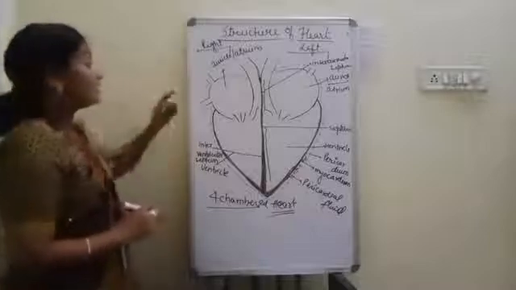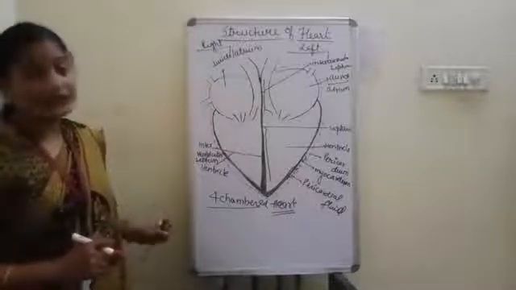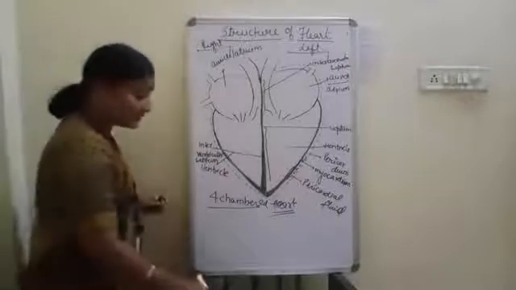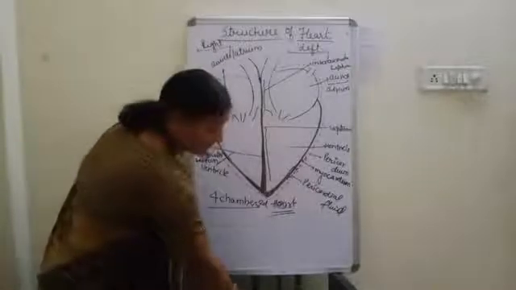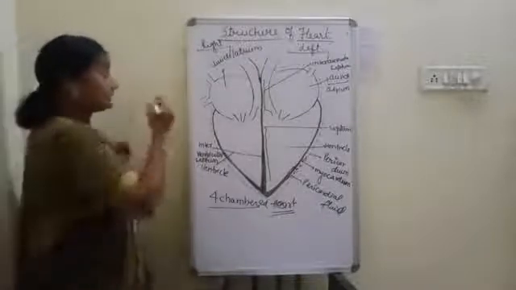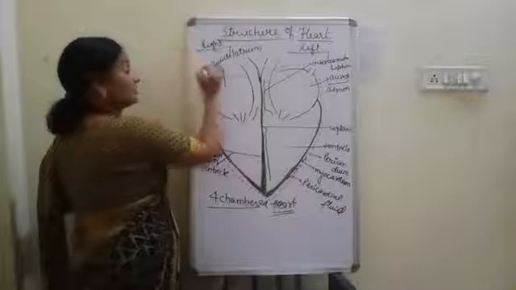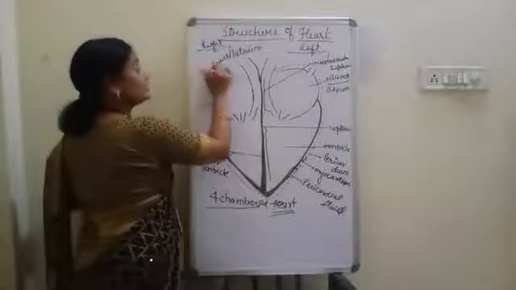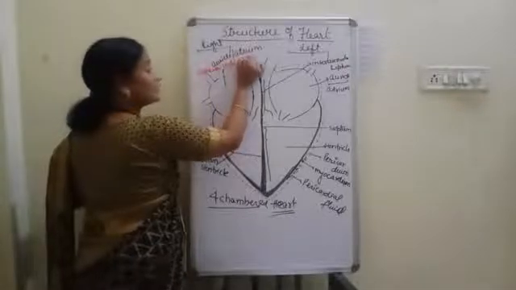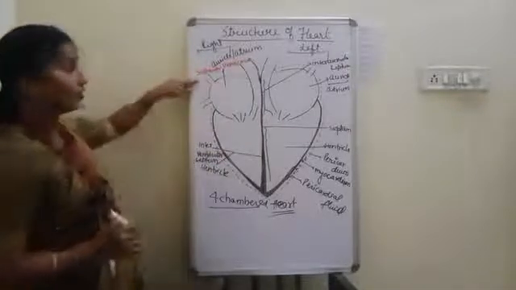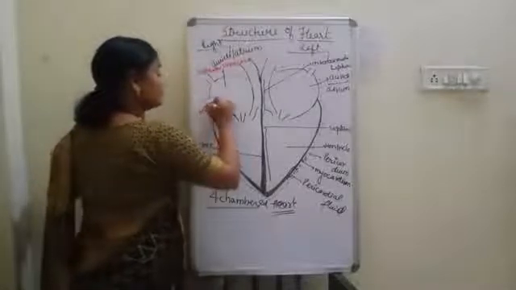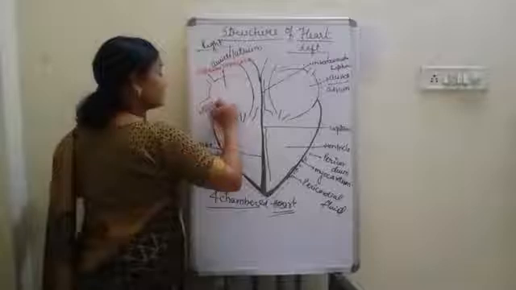Then our heart also contains some important walls, as well as some important arteries and veins. Now see, this is the first vein and it is named the superior vena cava, because it is upside, and here it is called the inferior vena cava.